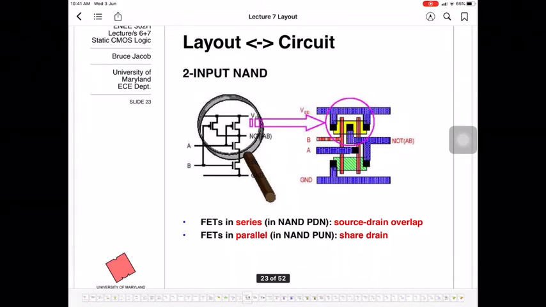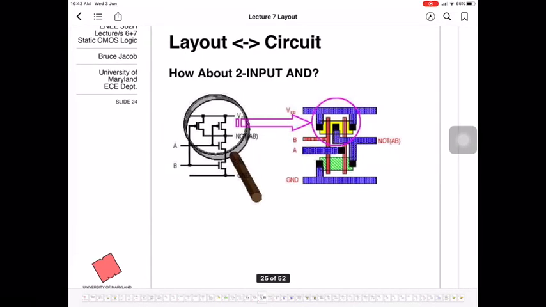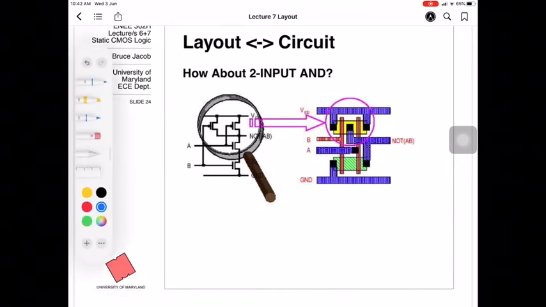So let's look here. This is the layout of a 2-input NAND. We can draw the 2-input NAND also in the layout. As you can see here, the NAND gate has the NMOS in series. So the NMOS series is reflected here. These two are in series, and the PMOS is in parallel.